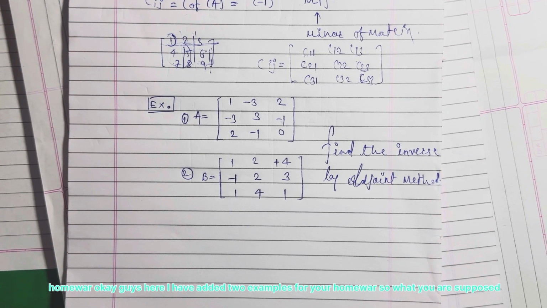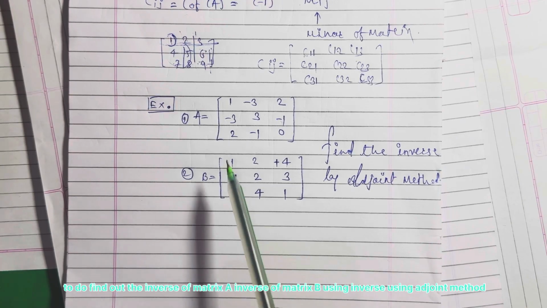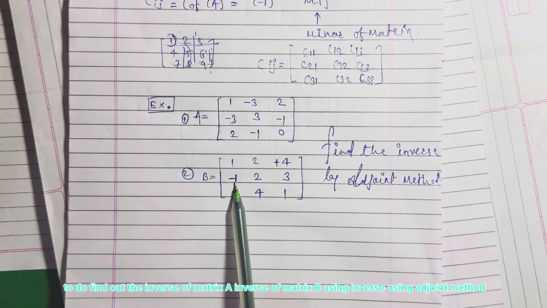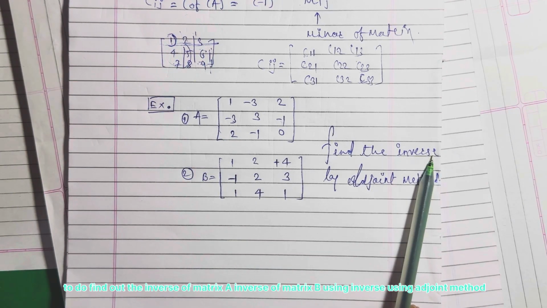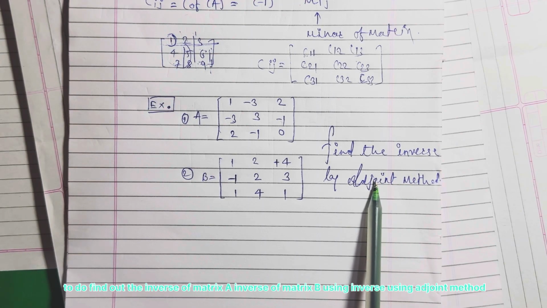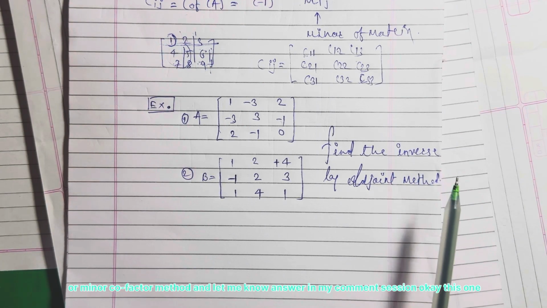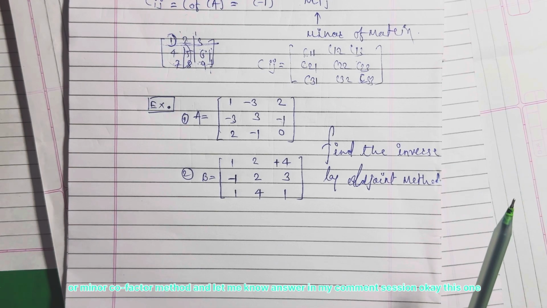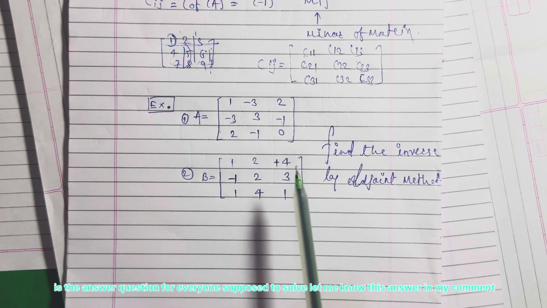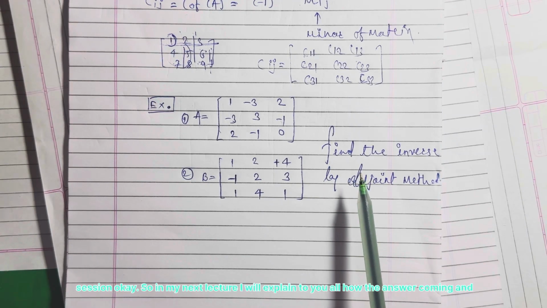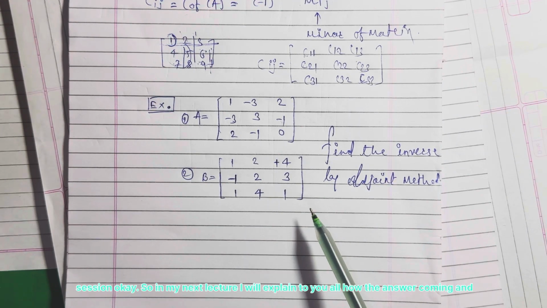Find the inverse of matrix A and matrix B using the adjoint method or minor cofactor method, and let me know the answer in my comment section. In my next lecture I'll explain how the answers come.